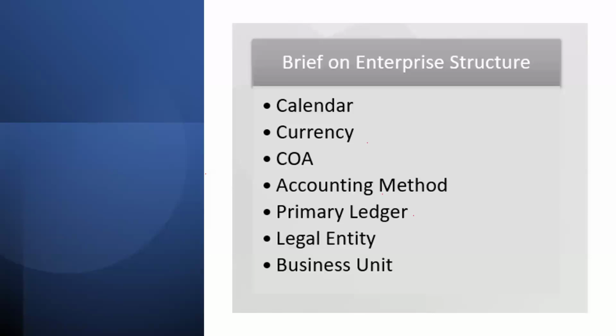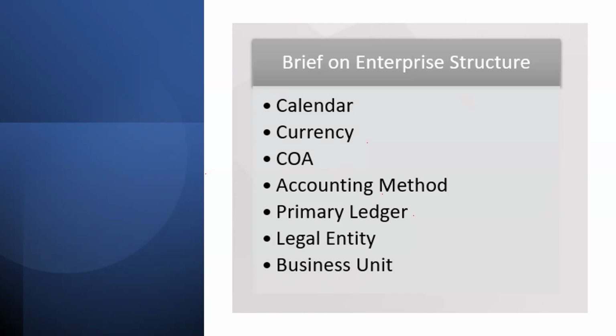So as of now, we discussed two concepts, users and roles: what types of users we have and what types of roles we have. Now we'll discuss enterprise structure. What is enterprise structure, and what are the main components included in it?